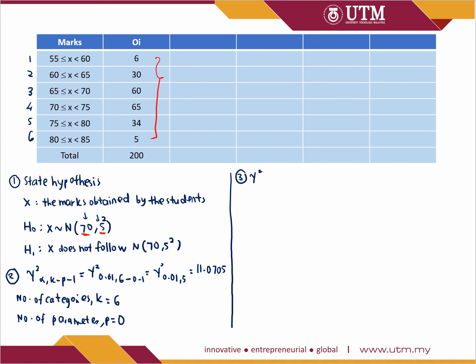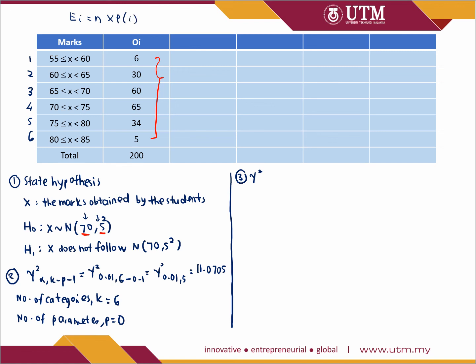Here we need to know the expected frequencies, where the expected frequency is given as the total observations multiplied by the probability for each category.